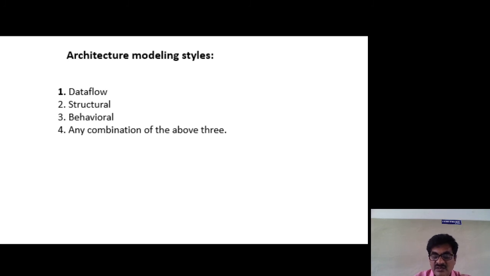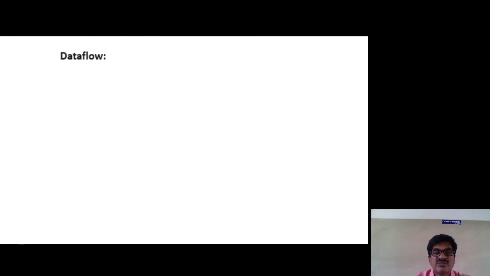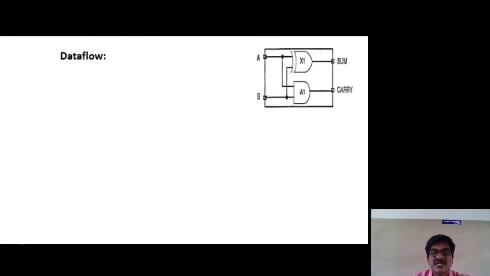Now let us take the data flow model. How to write the architecture body for the data flow model for the same digital circuit, that is, the half adder. For developing the architecture body, we have to know the internal information, say the logic circuit, Boolean expression data, or truth table data.